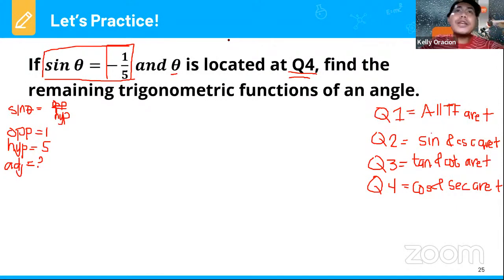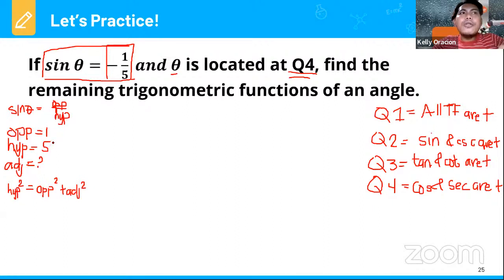Okay, very good. That's correct. It's Pythagorean theorem. So we are going to use the Pythagorean theorem in order for us to find the adjacent side. The formula: hypotenuse squared is equal to opposite squared plus adjacent squared.